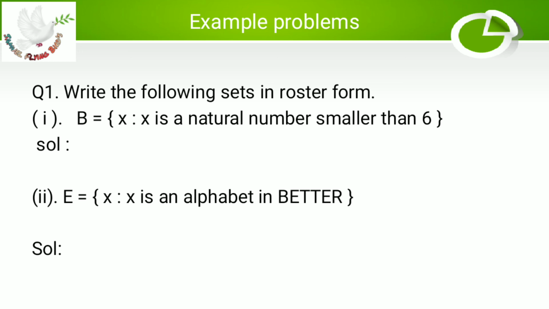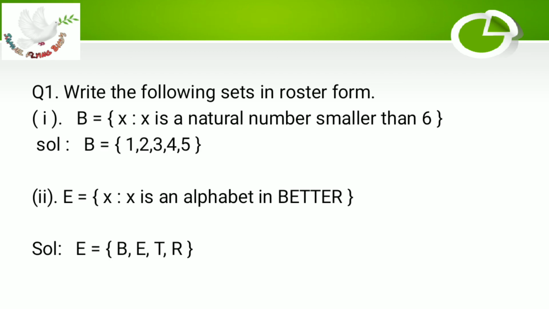The second one is E equal to {x such that x is an alphabet in the word BETTER}. For the first one, B equal to {1, 2, 3, 4, 5}.